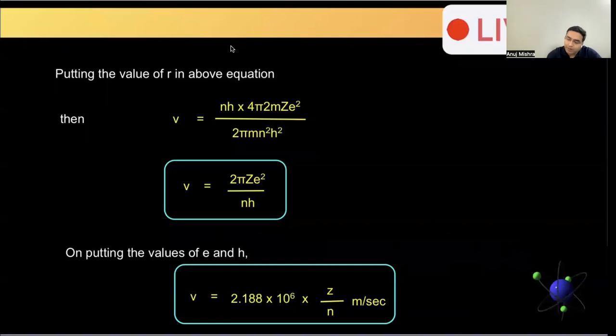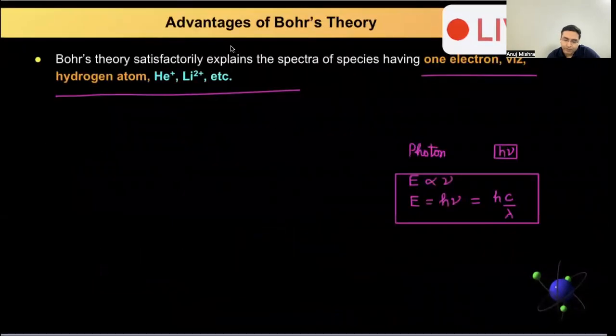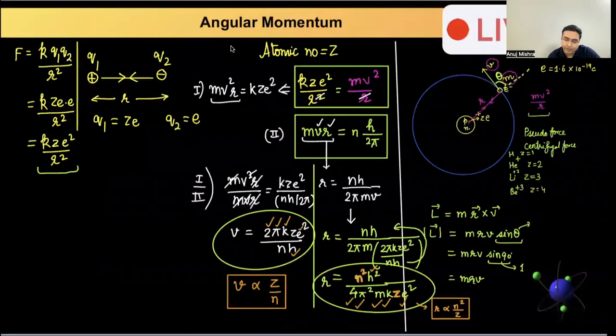I'll take you to the main page where we discussed all these things. And that page is here. Check value of v: 2 pi k ZE square upon nh, and n square h square upon 4 pi square m k ZE square. Look at these numbers. Or maybe we can do one thing. We can just take these things to that page. It will make our job easier. Okay.